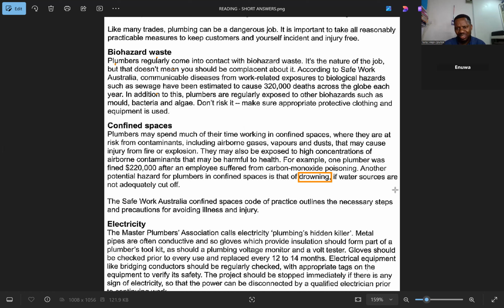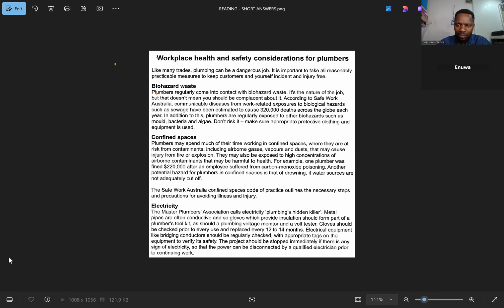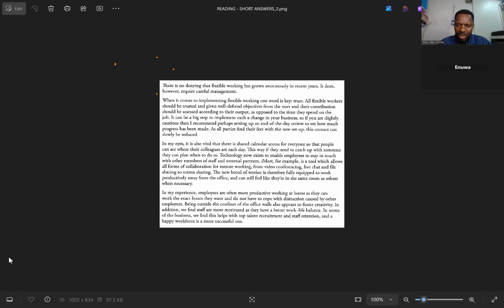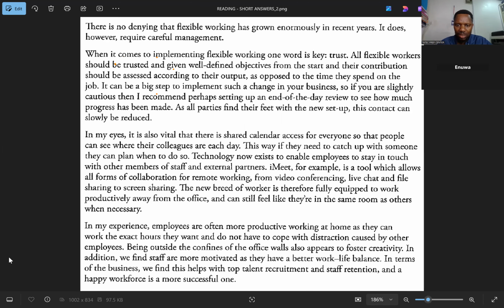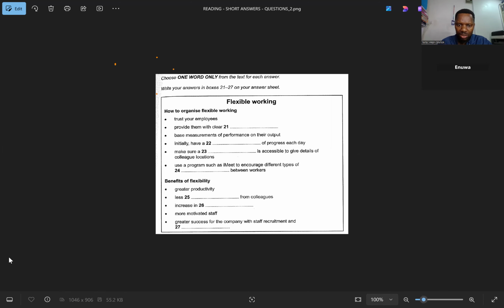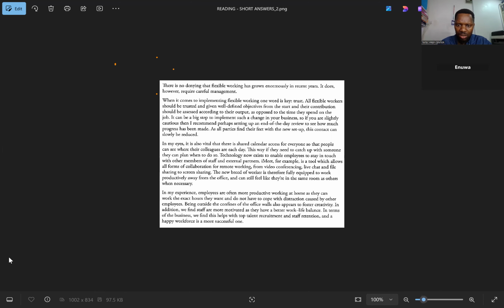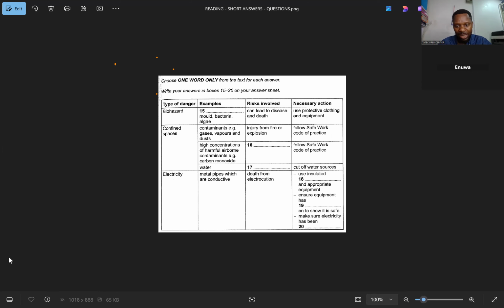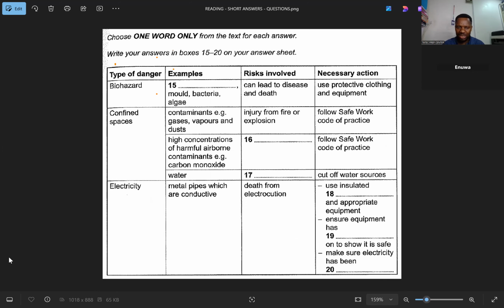So after that, you quickly go to the next place where you are to get your answer from. And that is for question 18. Now, question 18 is under electricity. Don't forget, you have areas of concentration to get your answers from.